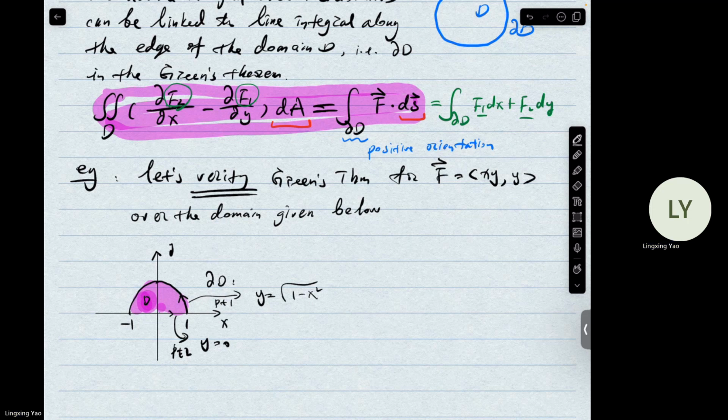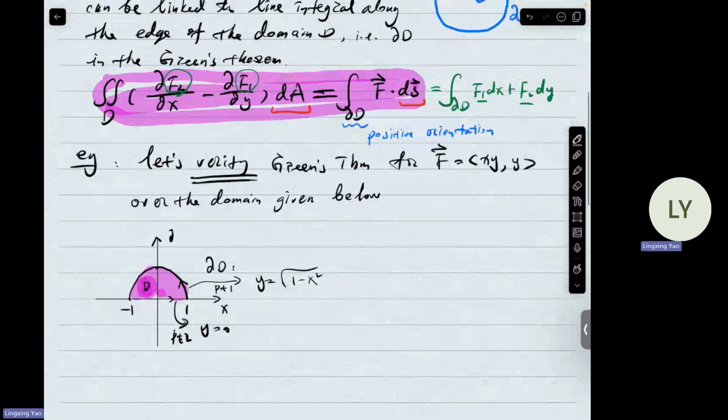We have two very important pieces, because if you only have one piece, you are not going to form this domain. This domain is a half circle, or half disk.